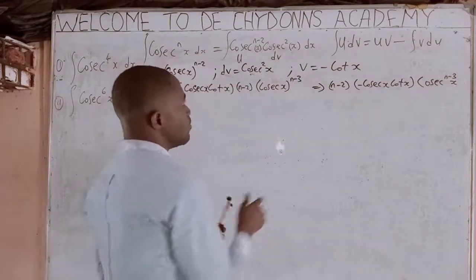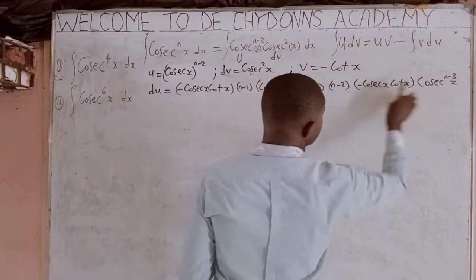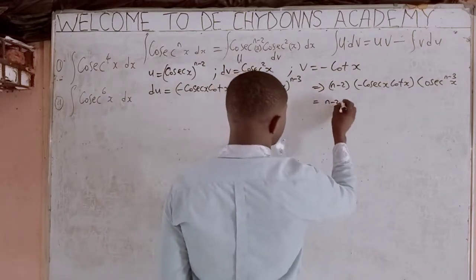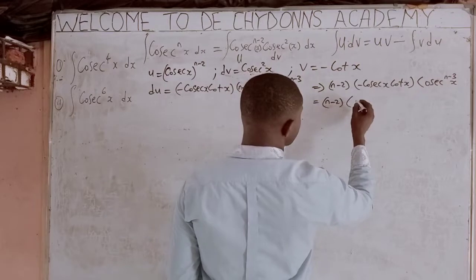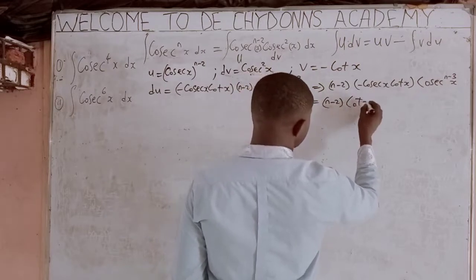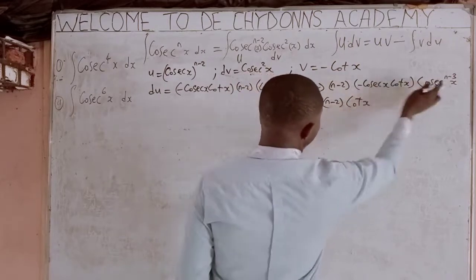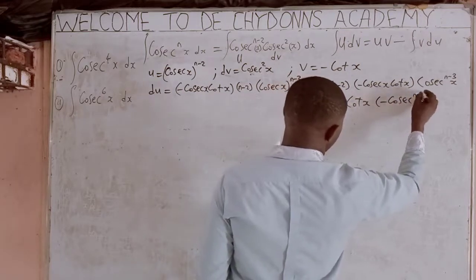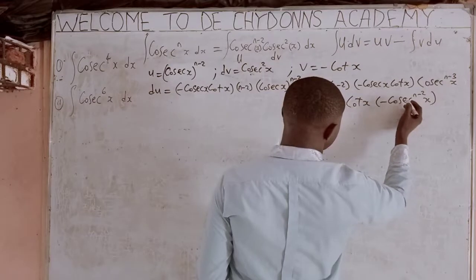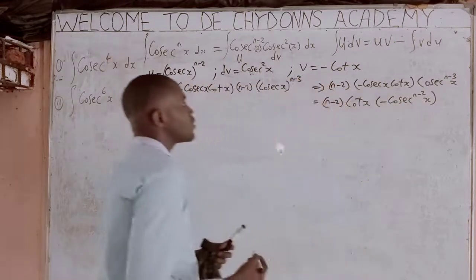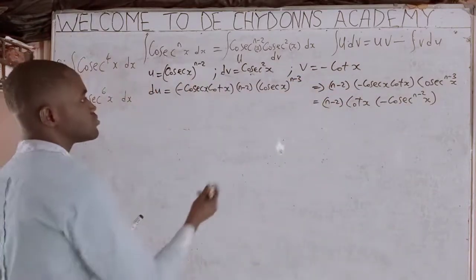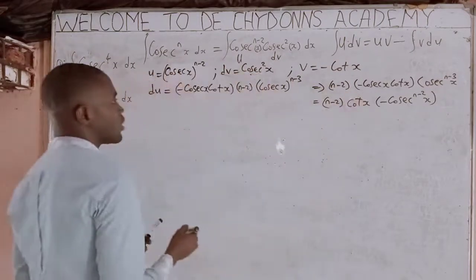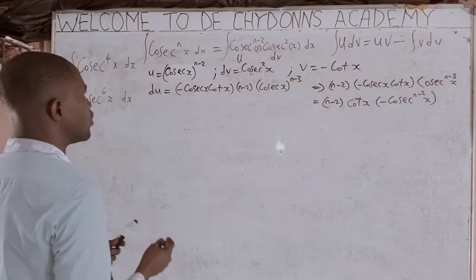Now, because we have cosec x, these two multiplying will be giving us n minus 2 bracket cot x, times this, minus cosec to the power n minus 2 of x. Okay, that is our du.